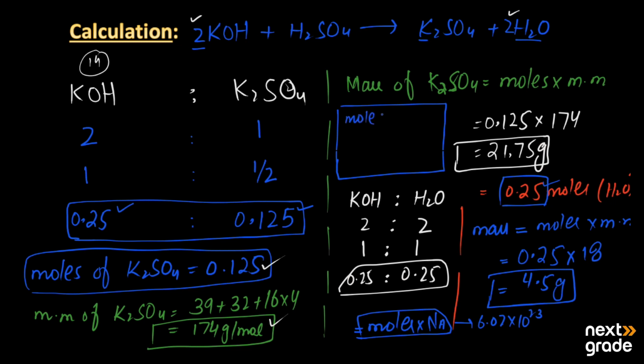The total number of water molecules will be 1.5 into 10 raised to power 23 molecules of water produced in this chemical reaction.